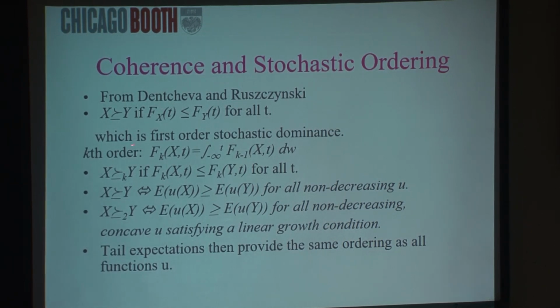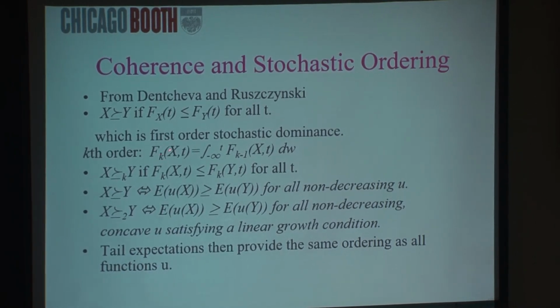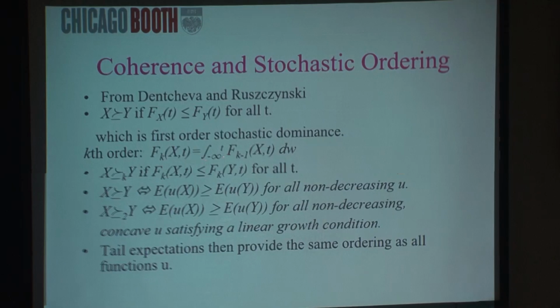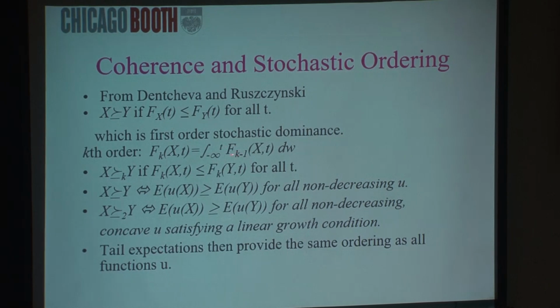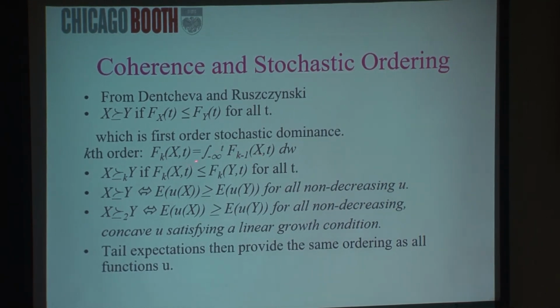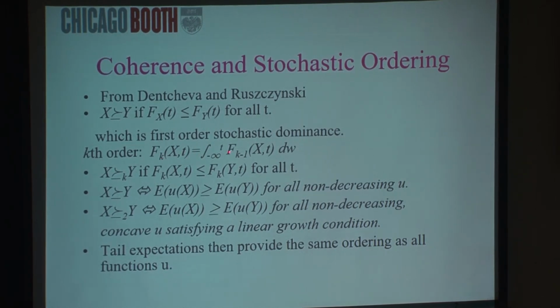Now, you can define different orders of these risk measures by saying, I'll take the expectation of, let's say, not just the cumulative, to get the second order. So I take the cumulative distribution of x and then take the expectation of that. Or I could take the expectation of the thing that I get from taking the expectation of the cumulative.